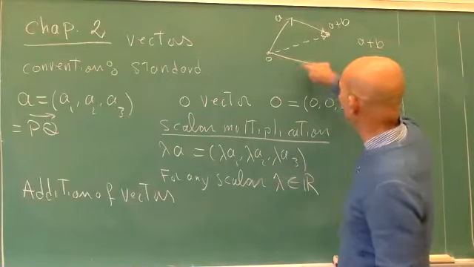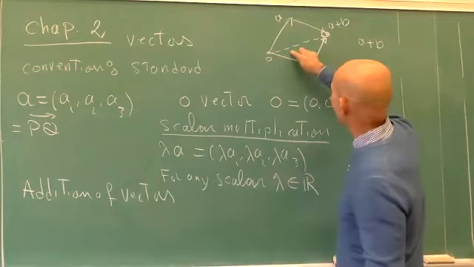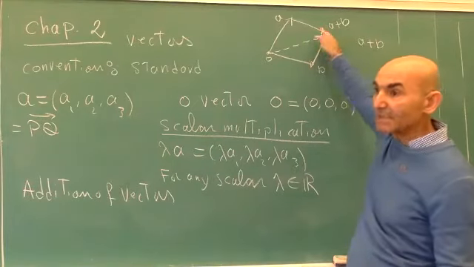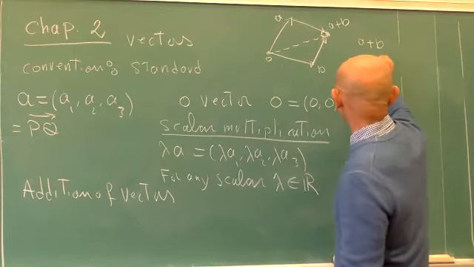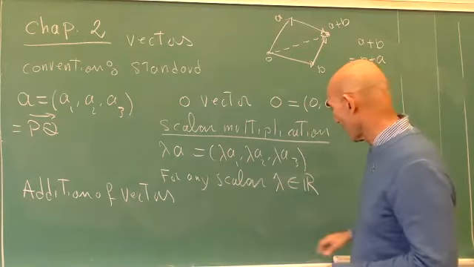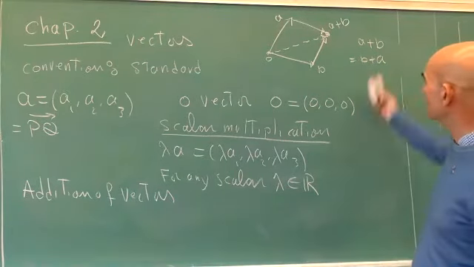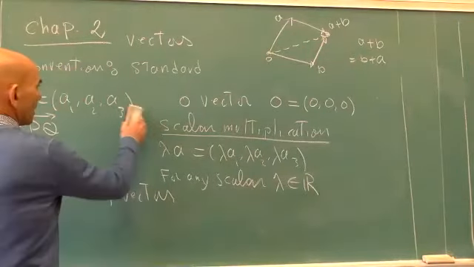If you follow B and then follow A, you're going to end at the same endpoint. This is a property of parallelograms. So this is equal to B plus A. Okay, very good.